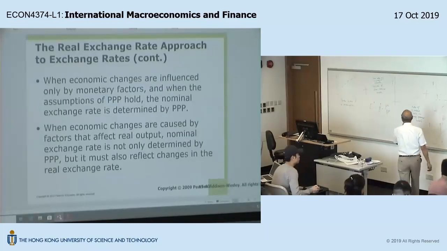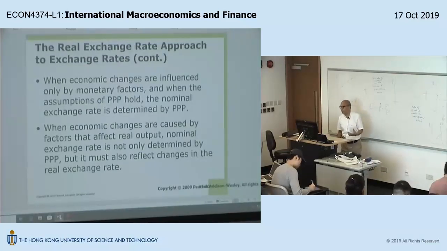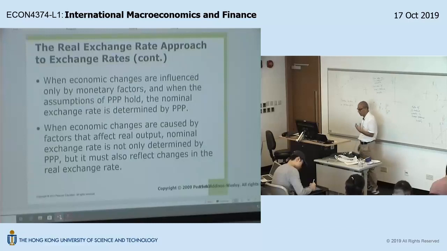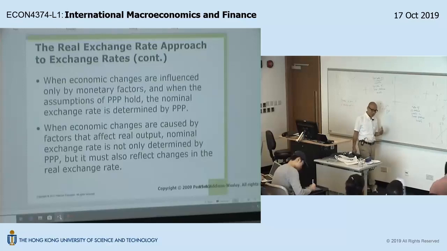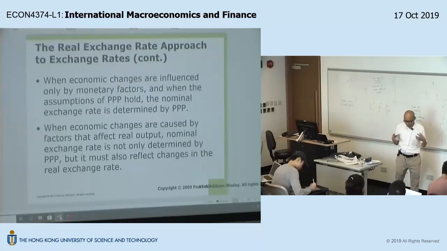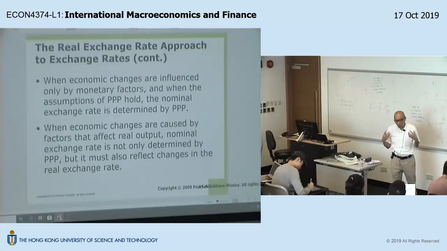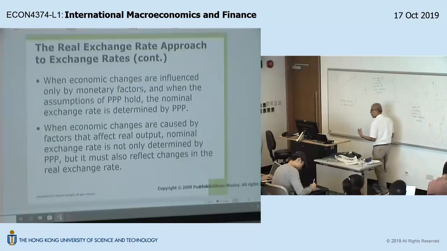We will tend to think that PPP would hold in the long run if the changes are monetary in nature. Put it this way: it will be closer to PPP if these long run changes are purely monetary in nature.